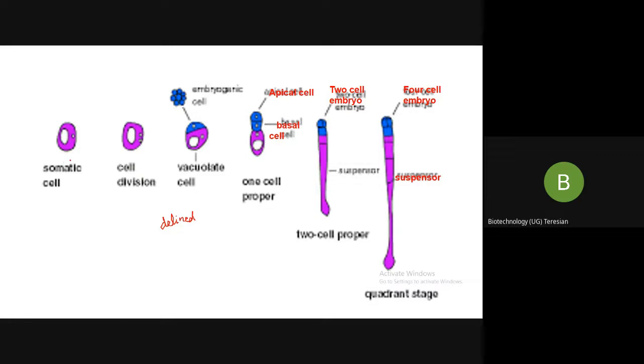unequal division. Okay, and whatever is happening is a physical parameter which is occurring. So the physical observable transition. Okay, so what is transition? Transition is that from a somatic cell they are being transformed into an embryo.